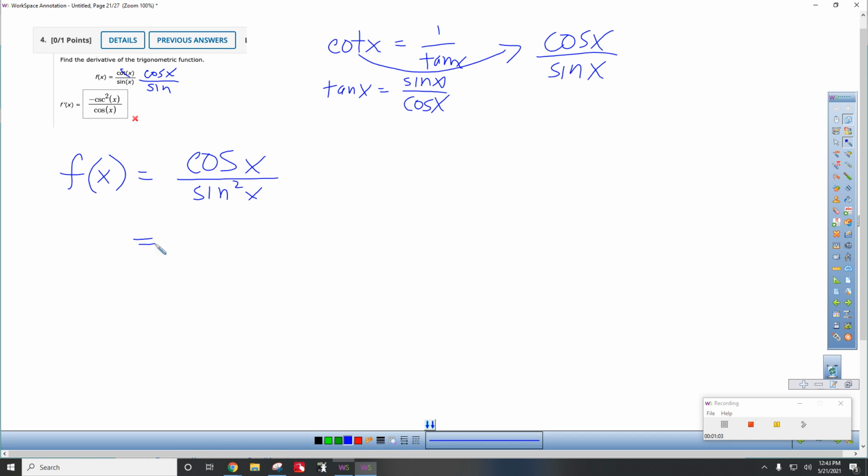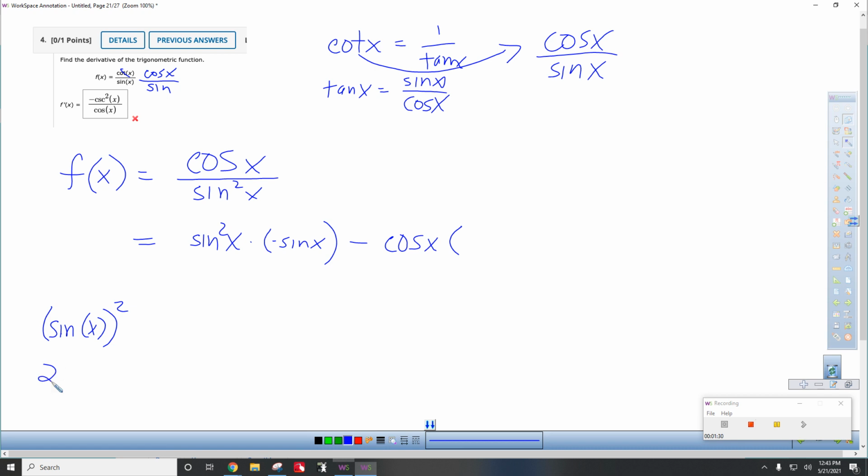So low, sine squared x. D high, negative sine of x. So the low one times the derivative of the high. Minus high d low, cosine x, times the derivative of sine squared. Okay, sine of x squared. That's what that means. Well, it's 2 times sine of x times the derivative of what's inside, which is cosine of x.